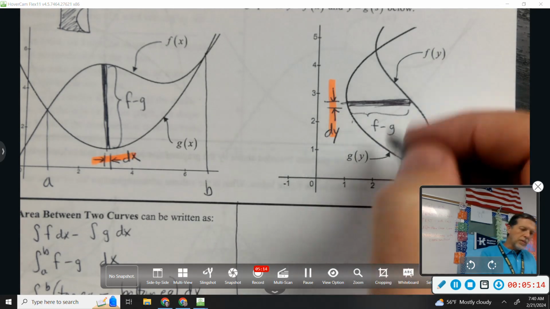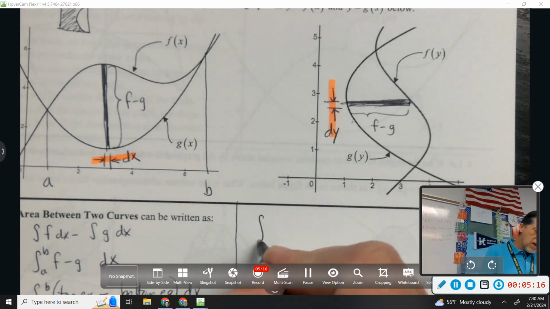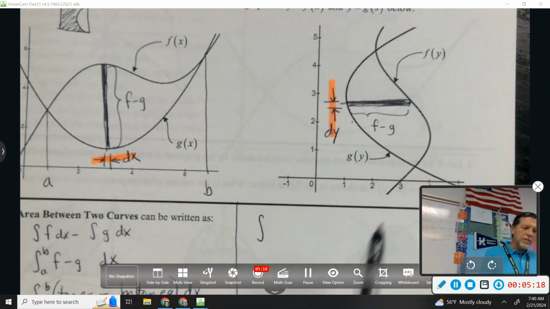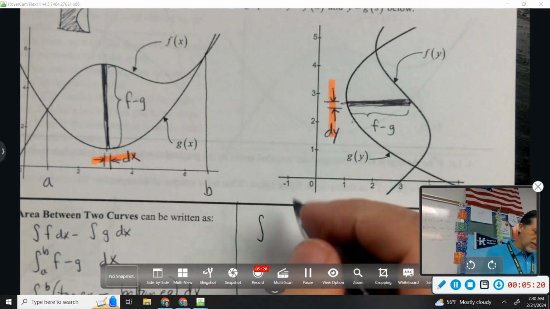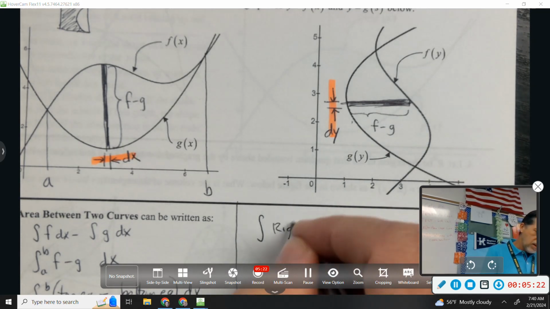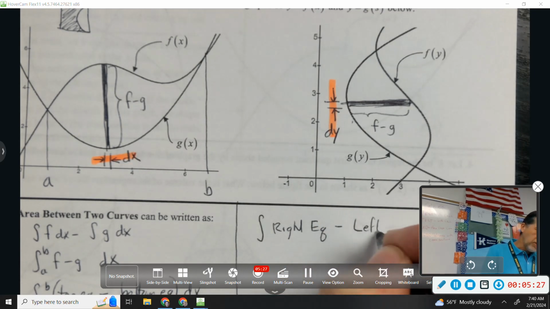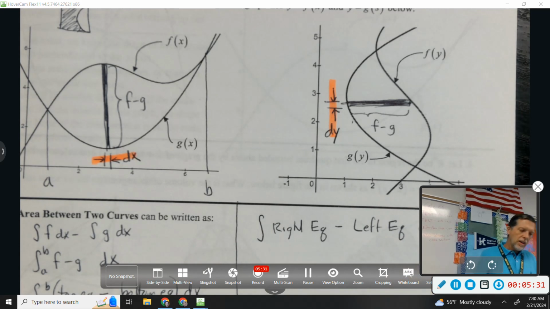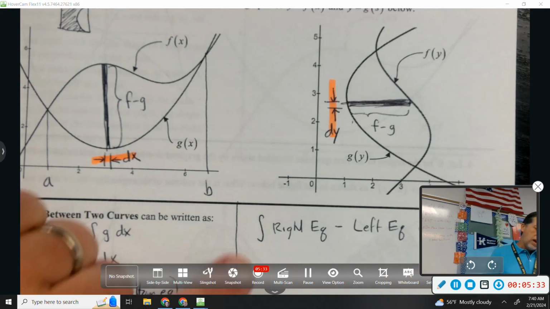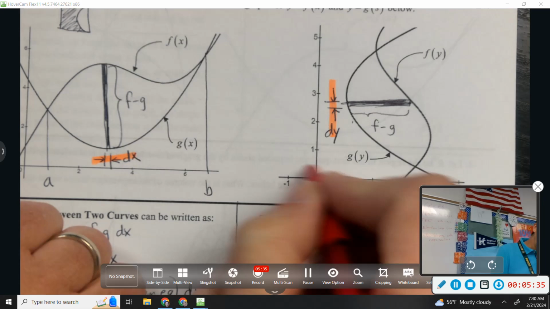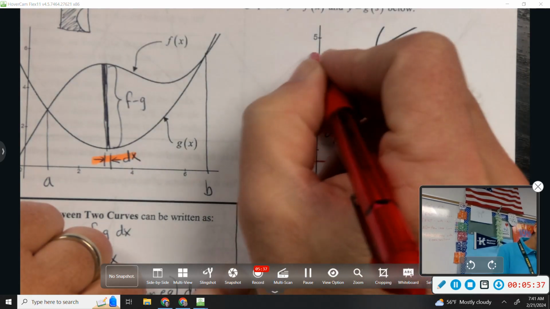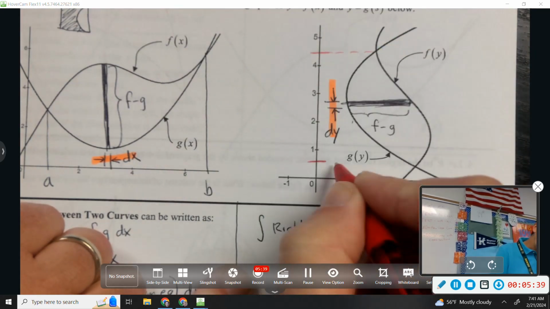So let's add up all of those rectangles. But now we're not doing top minus bottom, we're doing right minus left. Right equation minus left equation times dy. And if we're going in dy, then our limits need to be y values.